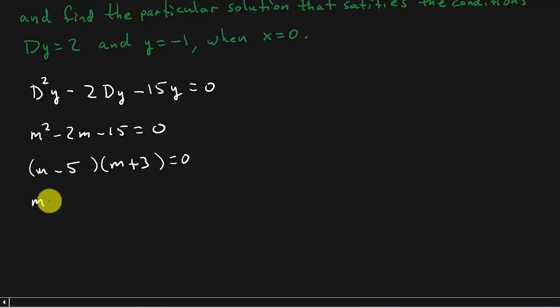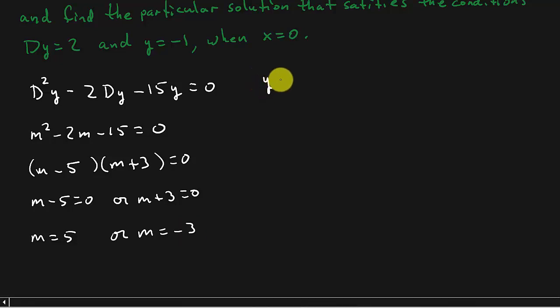So m minus 5 equals 0, or m plus 3 equals 0. So m equals 5, or m equals -3. All right. So we've got y is equal to c1 e to the 5x plus c2 e to the -3x.